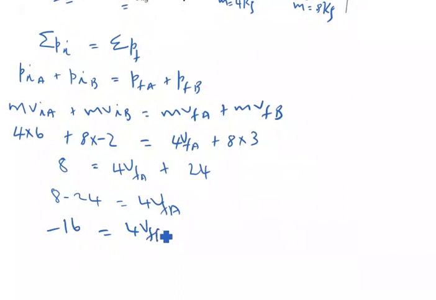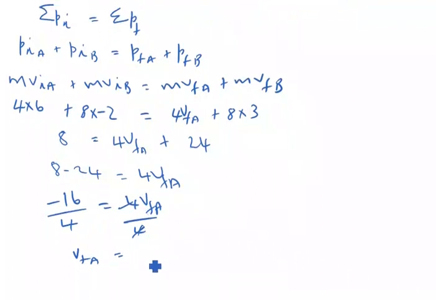Then we divide by 4 both sides. So the final velocity of A is equal to minus 4 meters per second. Therefore, the final velocity of A will be equal to 4 meters per second.